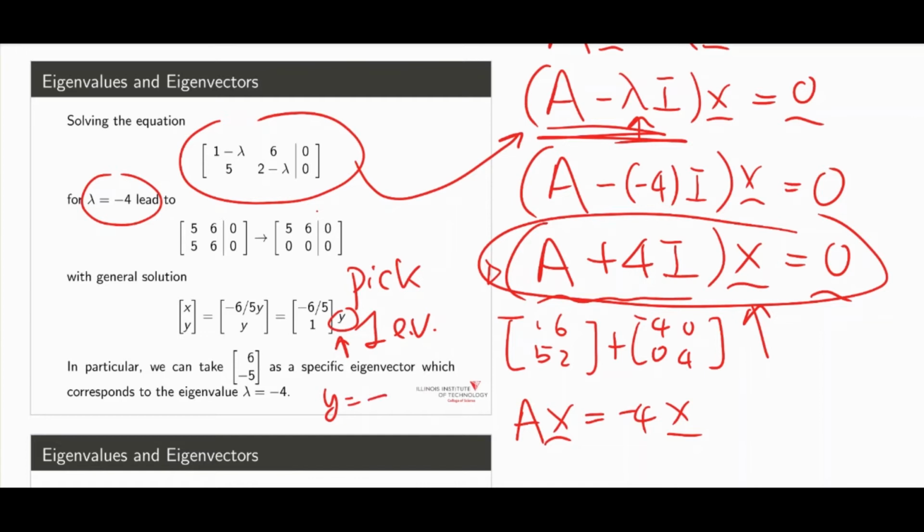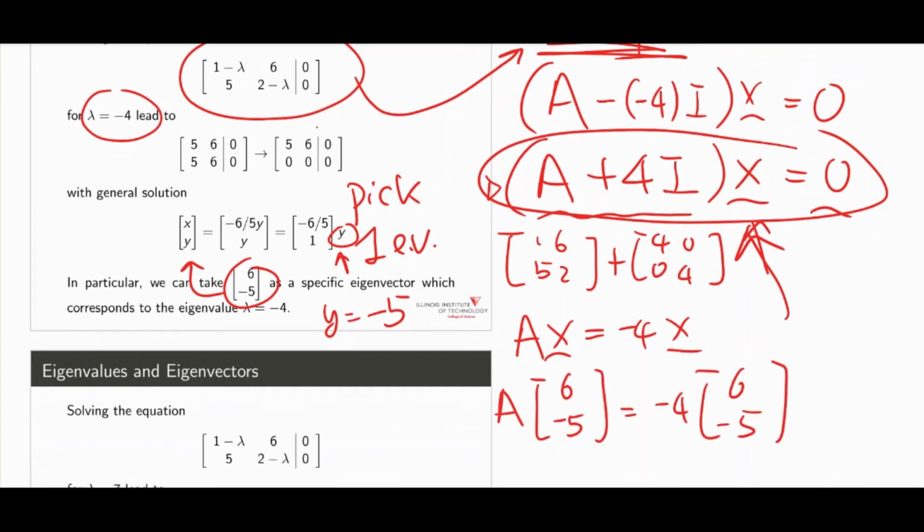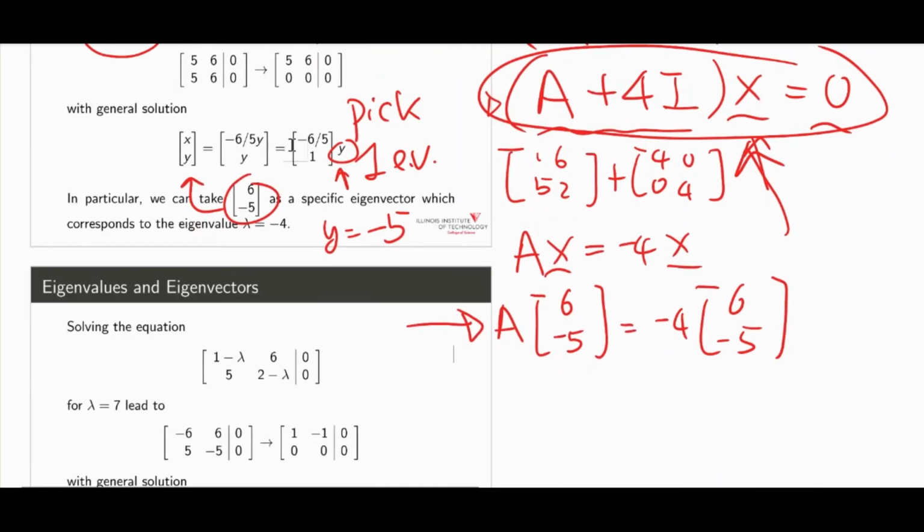And then this will be one of the solutions for the system. So therefore, I have something that looks like this. With that, I will say that -4 is an eigenvalue corresponding to this particular eigenvector (6, -5). Okay?